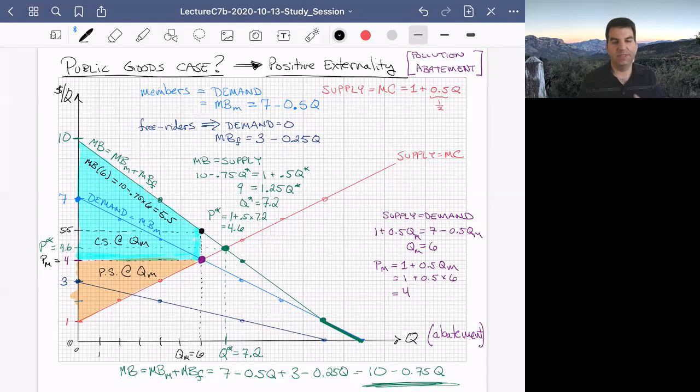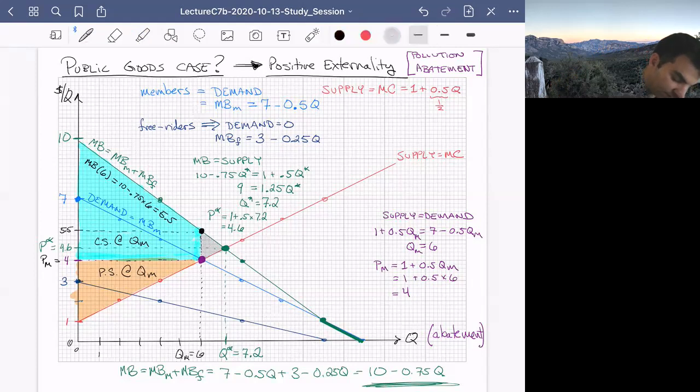And then the only thing left over is saying, well, what's the deadweight loss? What we're saying is that if everyone paid in according to the benefit that they're receiving, then we could actually fill out this region right here.